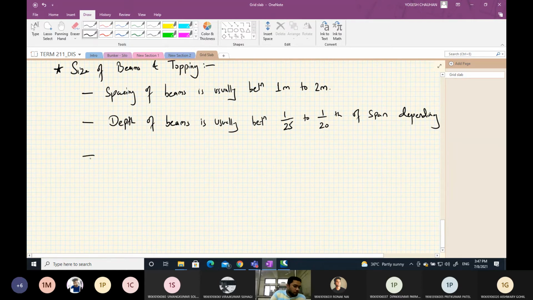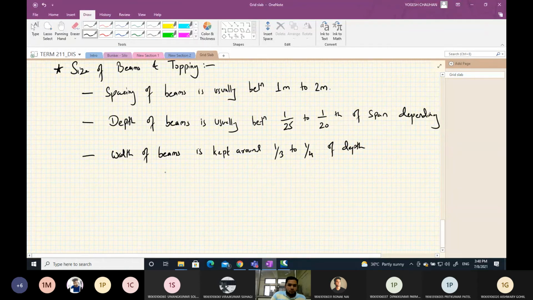Then the width of beams is kept around 1/3 to 1/4 of depth.